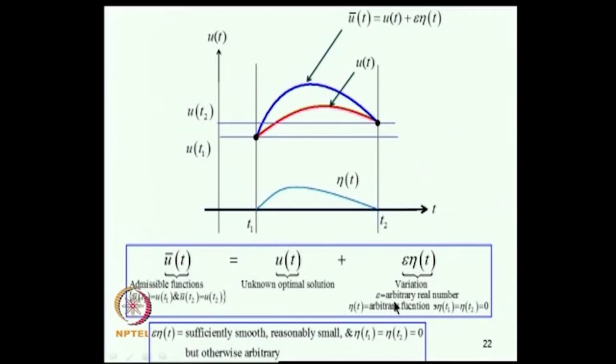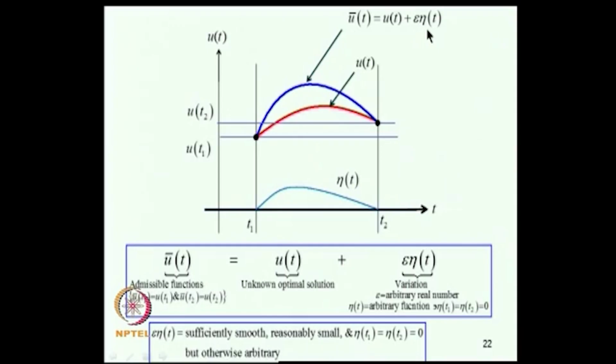This epsilon is an arbitrary real number and eta of t is an arbitrary function such that eta of t1 and eta of t2 are 0. This eta of t is taken to be sufficiently smooth and reasonably small, and this condition is obeyed, but otherwise it is arbitrary. Okay. So, any admissible function you can see that it can be written in this form.